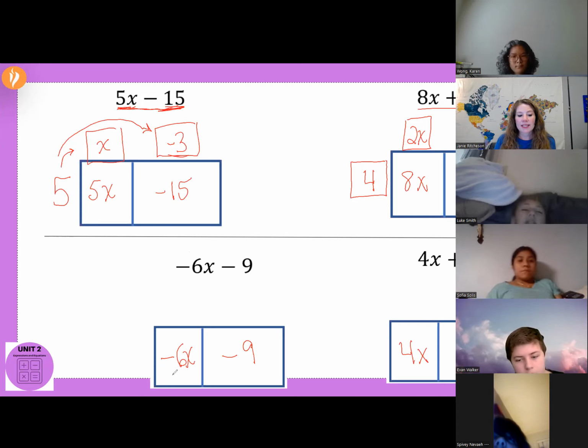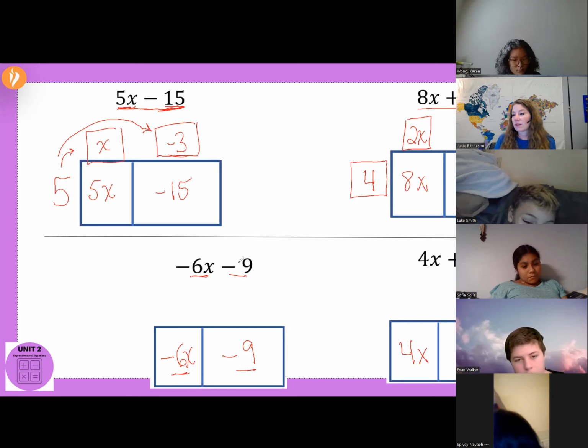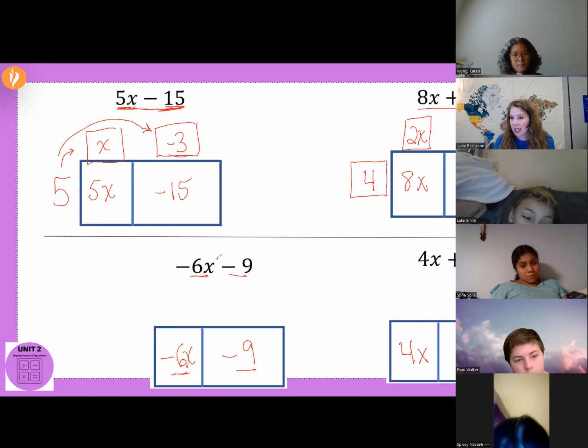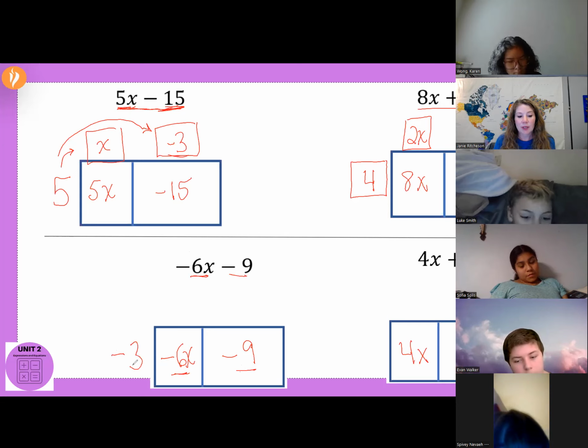Awesome. All right, what about this? Do you remember what I said about if both terms are negative, what are you going to factor out? A negative number. What's the greatest common factor of negative 6 and negative 9? 3. Good, but it has to be negative, guys. If both terms are negative, we're factoring out a negative number.